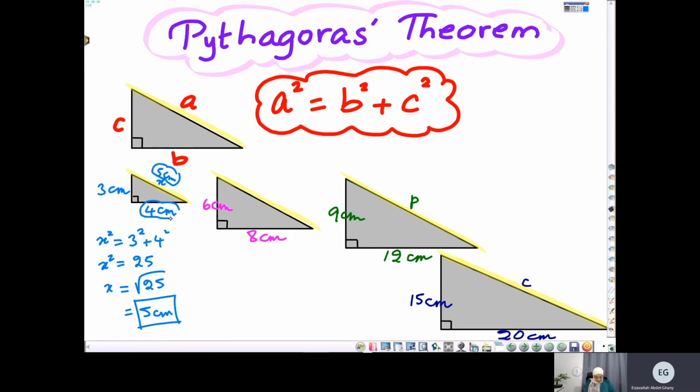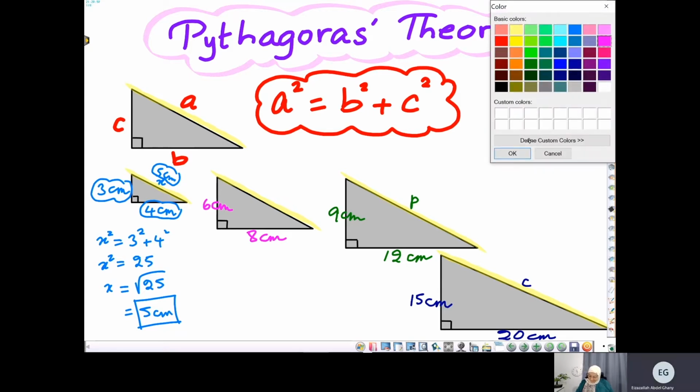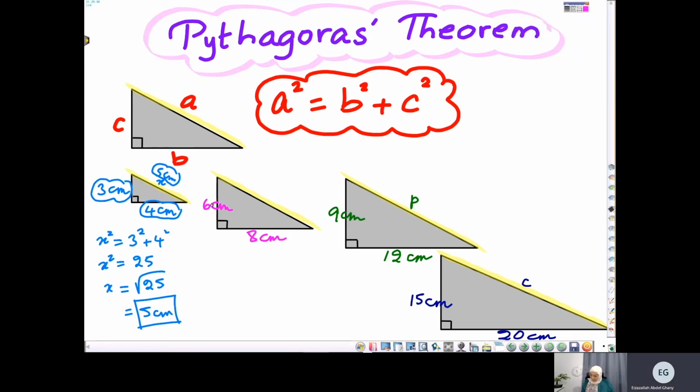It is a famous triangle. We need it as a basic triangle in Pythagoras, and we usually say golden triangle 3, 4, 5. It's very famous worldwide. The next triangle, let's calculate the hypotenuse, which is m.